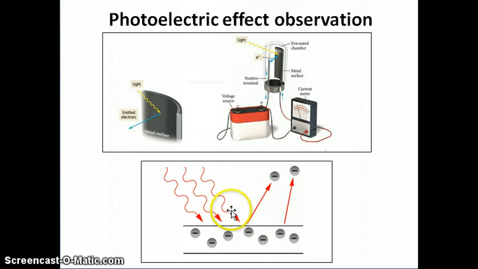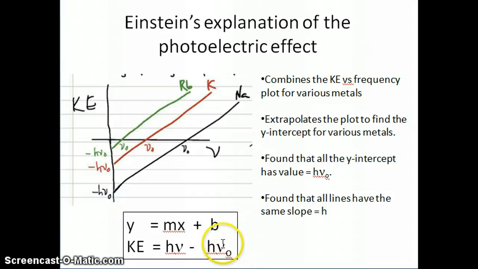So your light photon has to have energy at least equal to that energy that's holding the electron to the nucleus, or higher. And that energy that's holding the electron to the nucleus is what's given by this quantity right here, h nu naught.